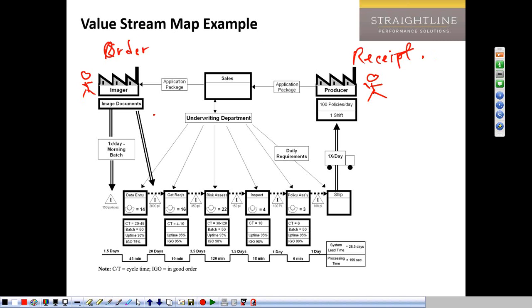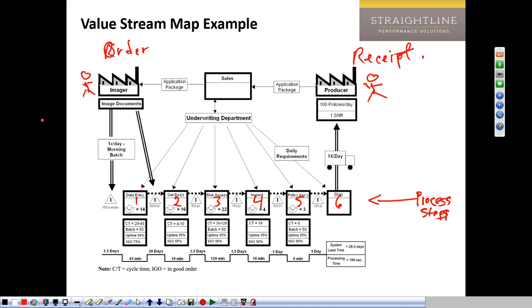So it's very big picture. Usually you start with the middle here. These are the process steps. So here we've got step 1, 2, 3, 4, 5, 6. So there are 6 process steps right here.